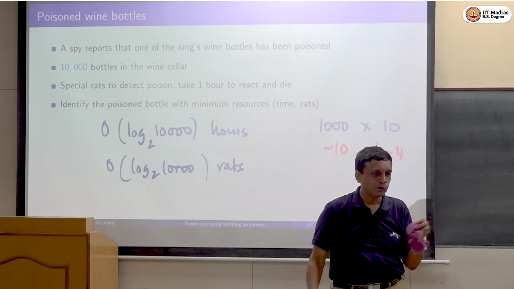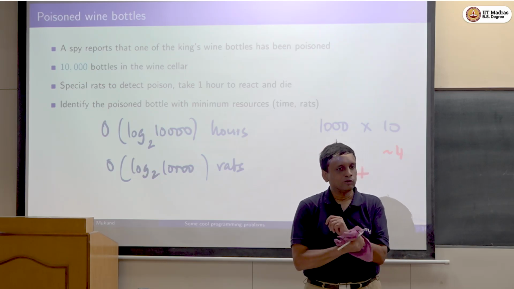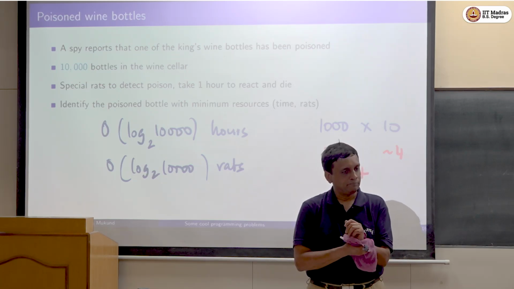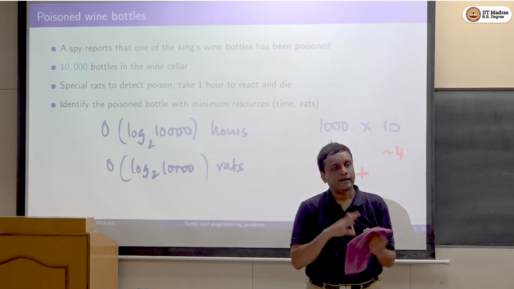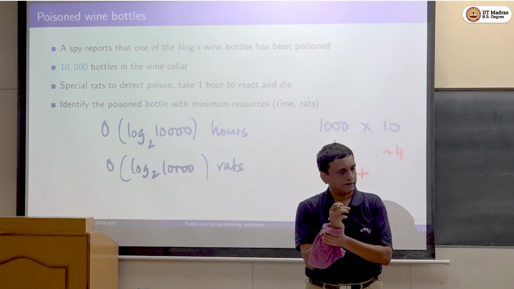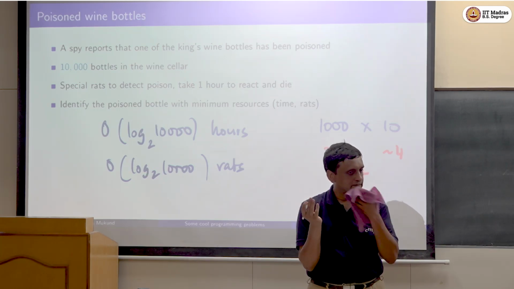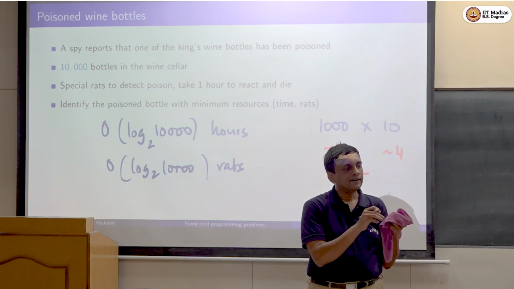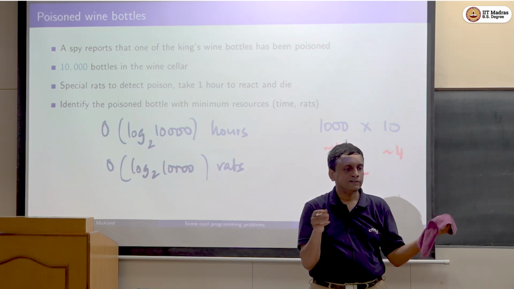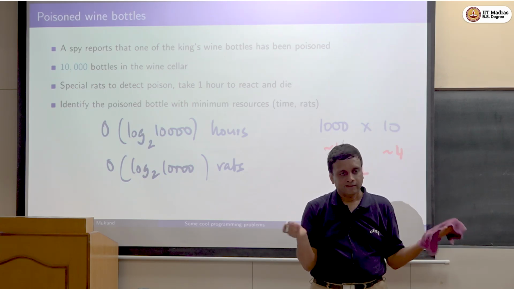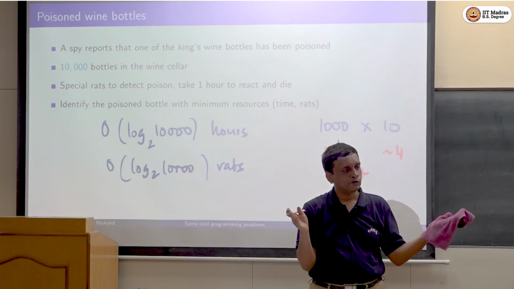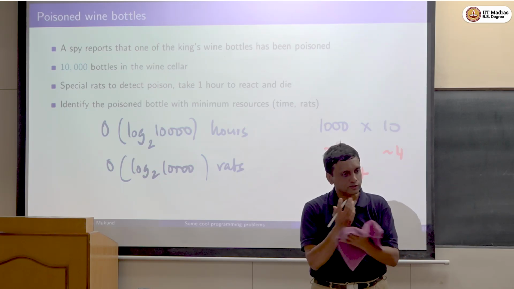So you could do it with 1 rat, but if you want to save on time, you need more rats. And the ideal thing, you can do it in one shot with 10,000 rats. You can give each rat a different bottle and have 1 rat per bottle and observe which one dies, but you have 9,999 rats which you are going to have to then let loose.